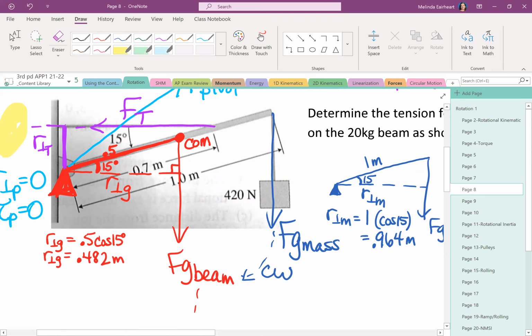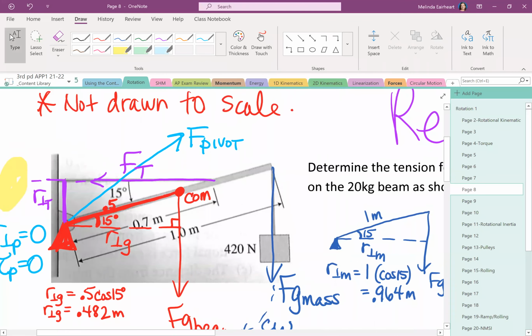Now notice where it's connected. The hypotenuse, maybe I will redraw it. The hypotenuse for this tension lever arm distance is going to be what, where it's connected? Hypotenuse is 0.7 meters. We want the lever arm opposite 15.